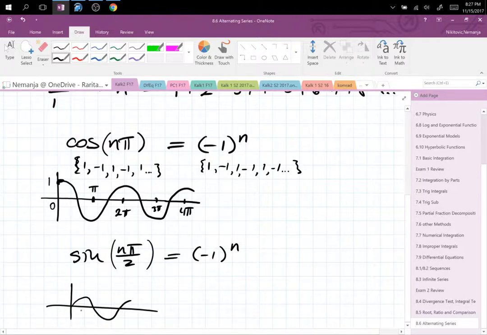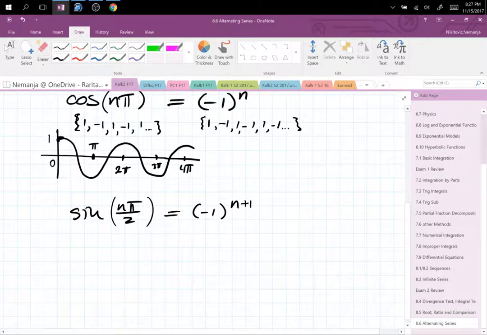When n is equal to 1... So we need +1, right? So when n is equal to 0, you get 1. So sine of n pi over 2 is still alternating. You can have n plus whatever up there, and it still alternates.